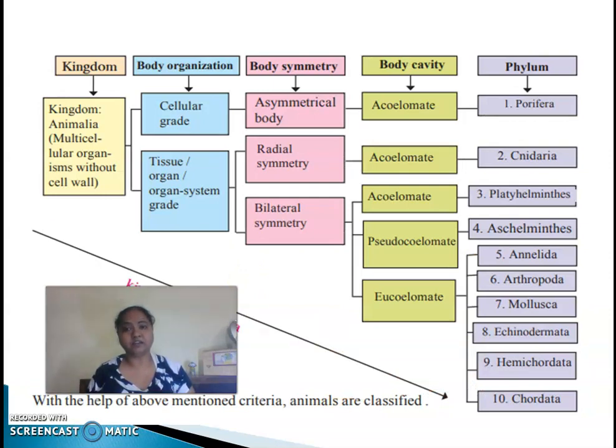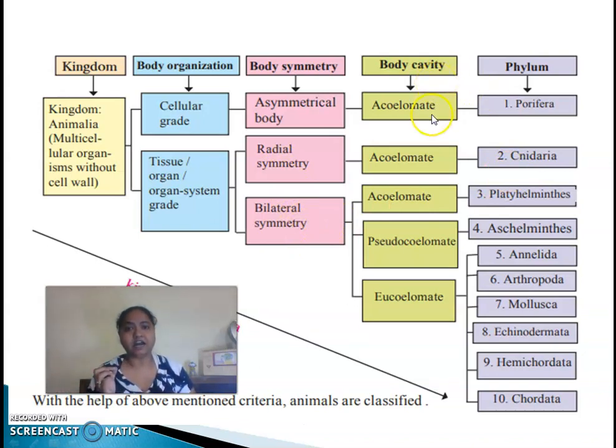So this brings us to the end of all the criteria. So what were the criteria? Let's revise. Body organization had cellular grade, tissue grade, organ grade, and system grade. Body symmetry had an asymmetrical body, radially symmetrical body, and bilaterally symmetrical body. Then was body cavity.